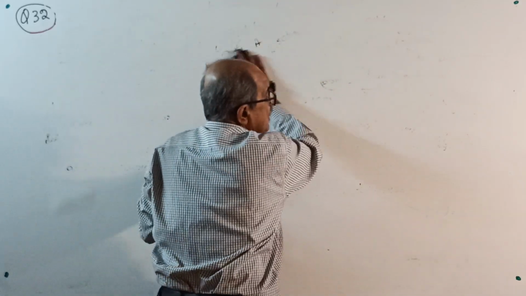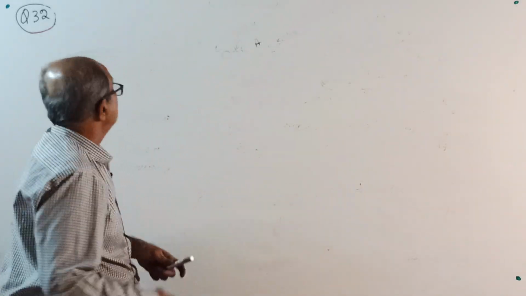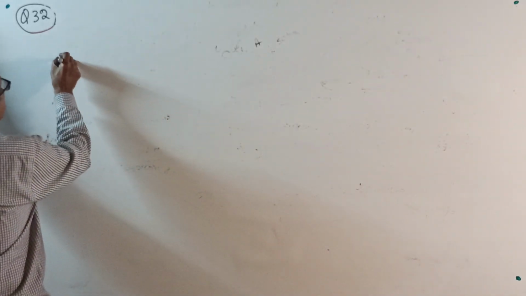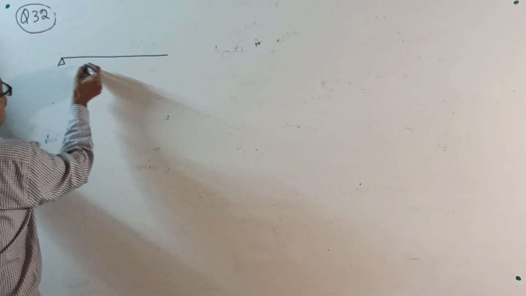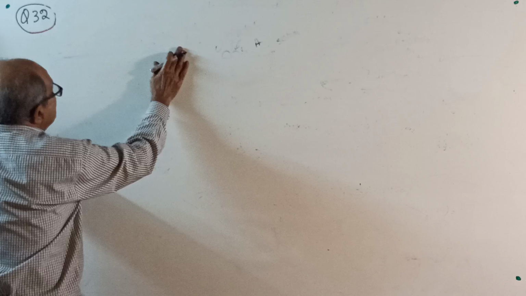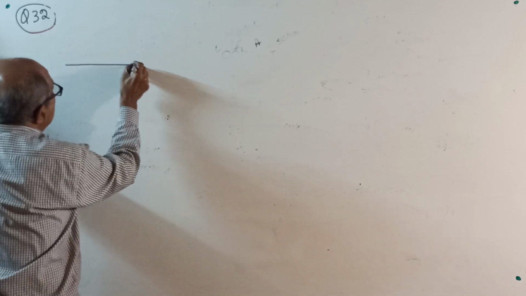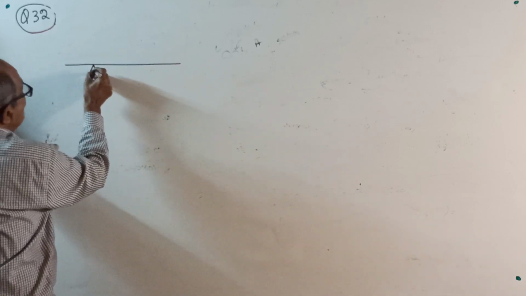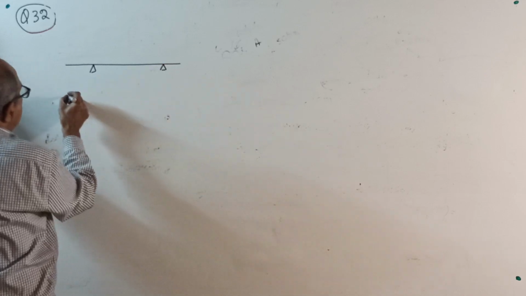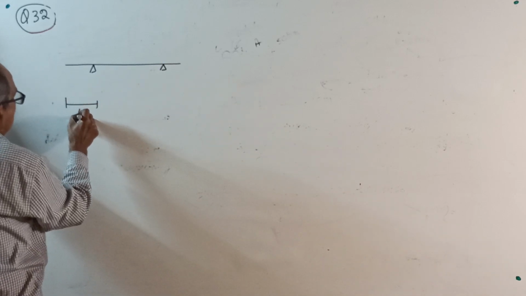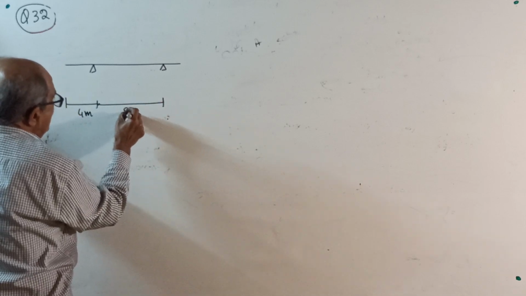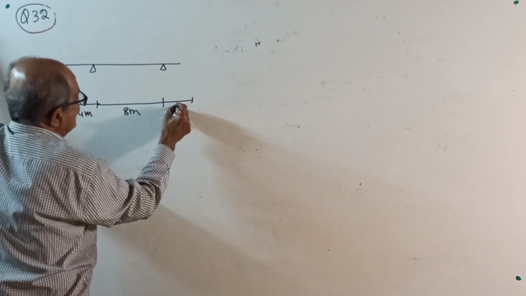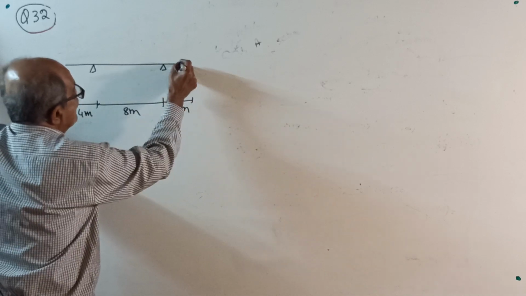So this is not a full exercise, partially solved in the class. For the beam shown in figure, find reactions. Right now double overhang, later single overhang. Let double overhang be over first. 4 meter, 8 meter, 3 meter.